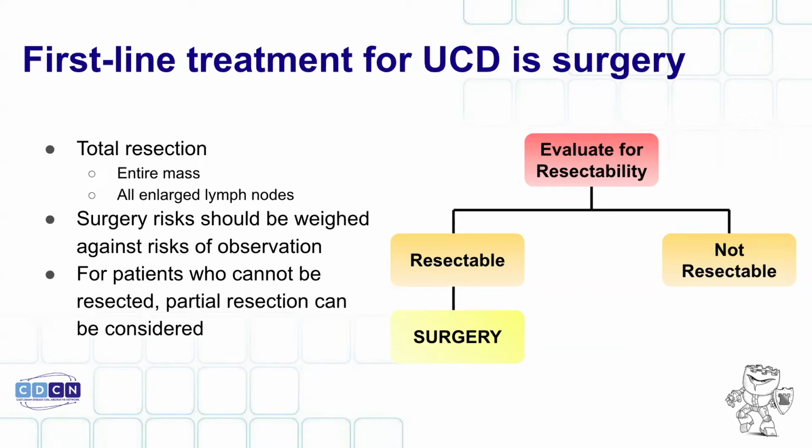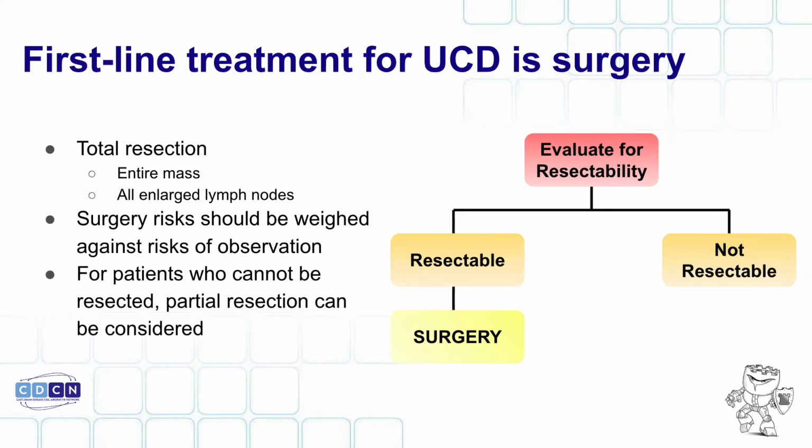This is really just, if the lymph node is enlarged, you take that one out. And then we go into surveillance. Again, thinking about the overall excellent prognosis for patients with unicentric Castleman disease, you want to weigh that morbidity against the problems of a too aggressive surgery.